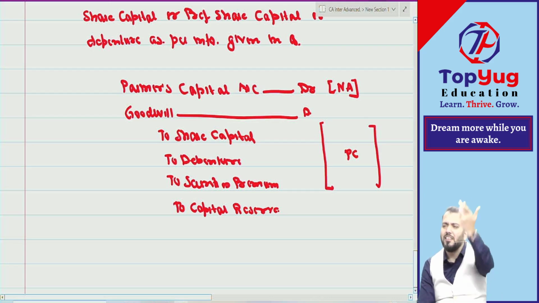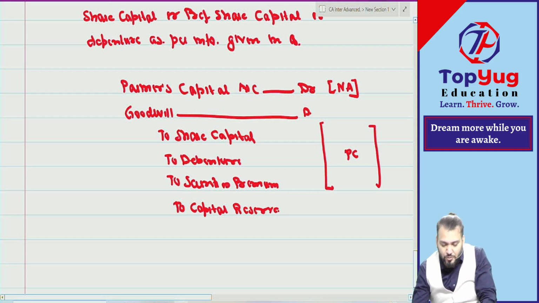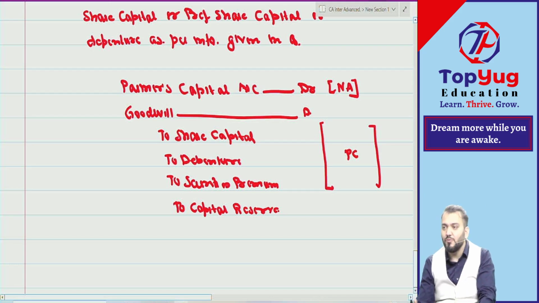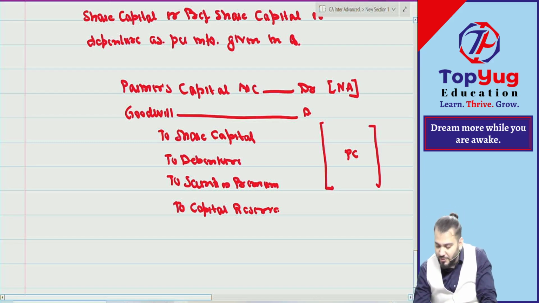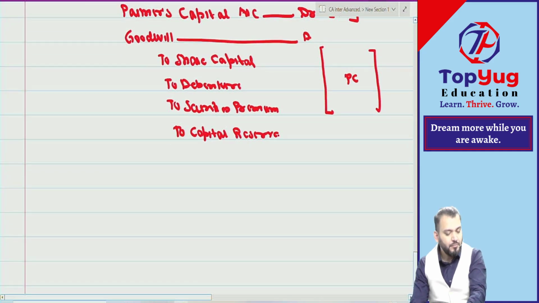So either it is given or not given, okay, it works. Have you understood? I'm not giving a note for this. Either in step number 3 goodwill will come, or in step number 6 goodwill will come. Done. Can we take one question?